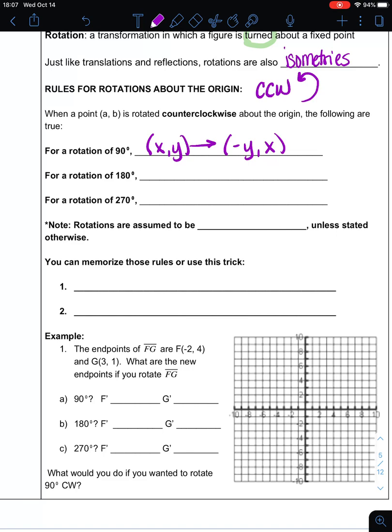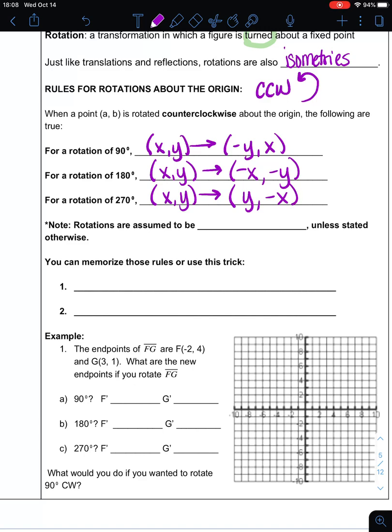For a rotation of 180 degrees, your original xy will become a negative x, and your y becomes a negative y. And then for a rotation of 270 degrees, your x becomes a positive y, and your y becomes a negative x.